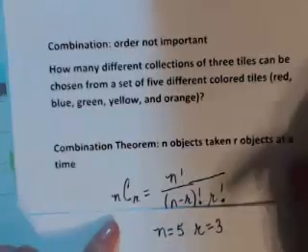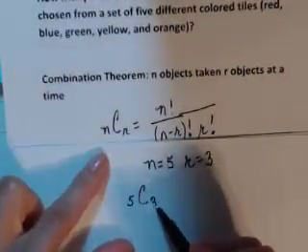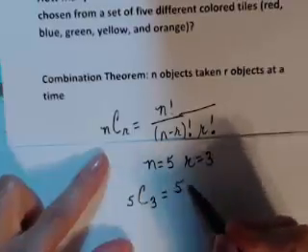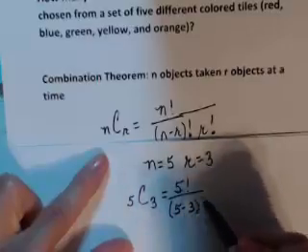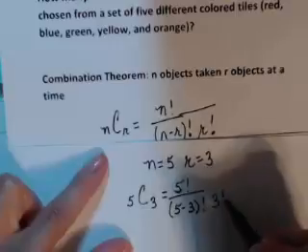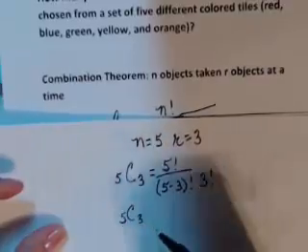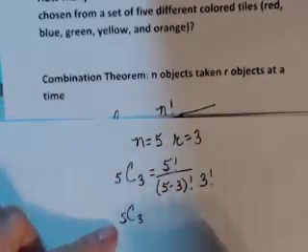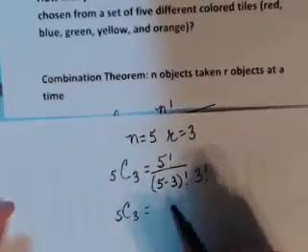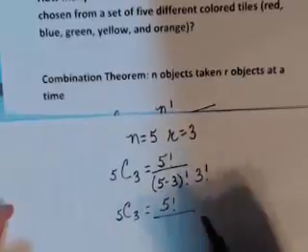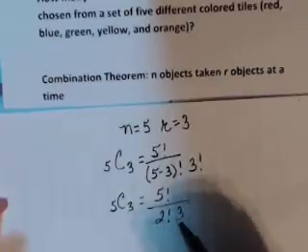So we will use our formula. 5 items taken 3 at a time is 5 factorial over 5 minus 3 factorial times 3 factorial. Now again, you can use your calculator. It'll have an nCr key on it, but these sometimes are pretty simple to do by hand. So I have 5 factorial over 5 minus 3 is 2 factorial times 3 factorial.